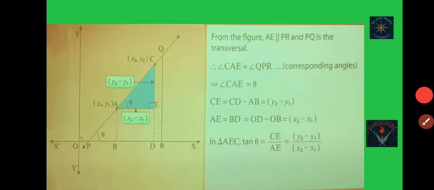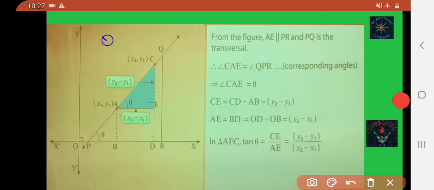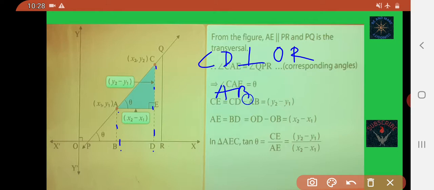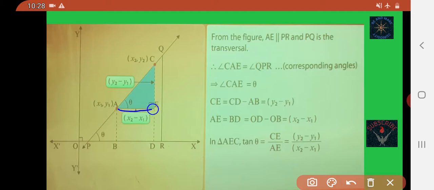Next. See, same thing here also. Here 2 points are given, A and C. You draw a perpendicular from point C, that is CD perpendicular to OR, and AB perpendicular to OR. Then you draw AE perpendicular to CD.